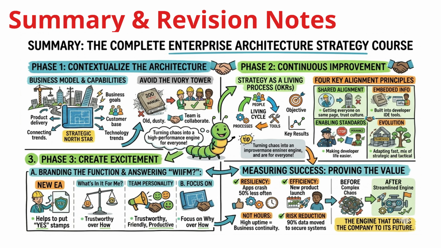Turn strategy into a living cycle using OKRs and 4 core principles. Align the team, embed information, build helping standards, and keep things dynamic. Finally, create excitement. Market your value by answering what's in it for me. Reset your brand, focus on the why, and share high-impact wins that prove value.